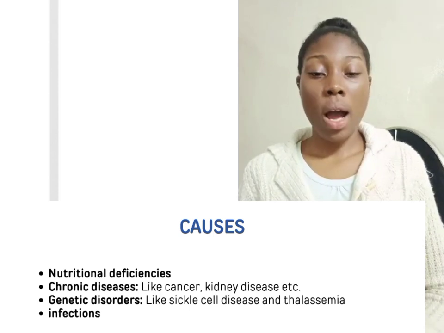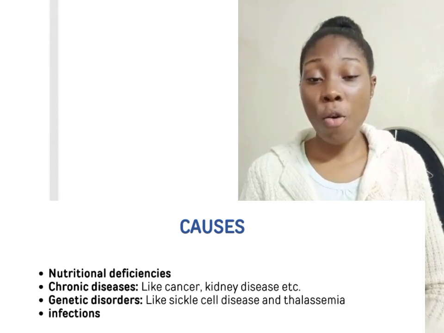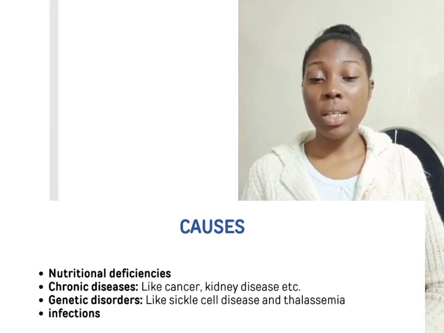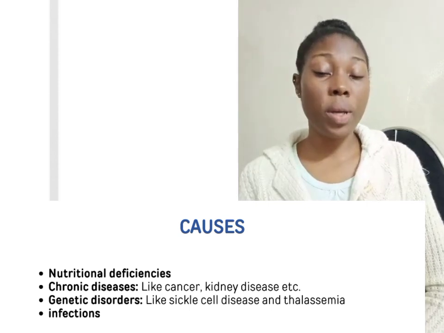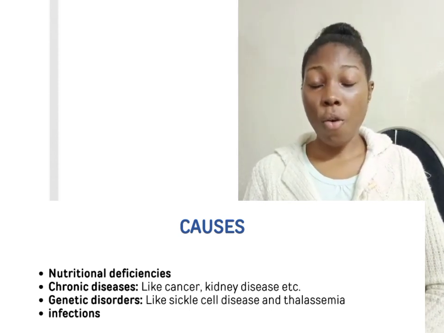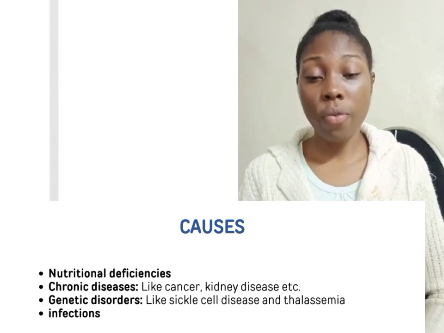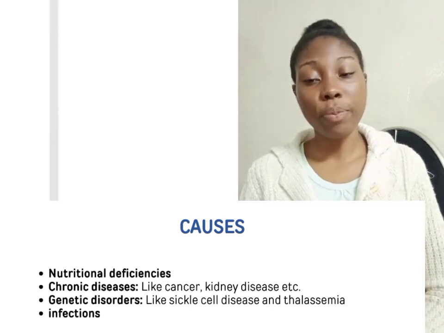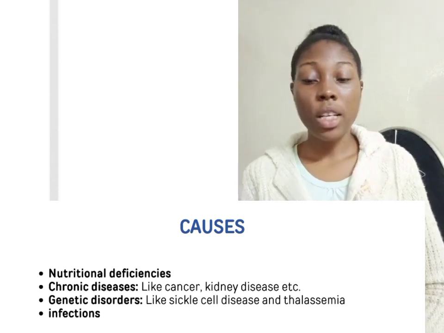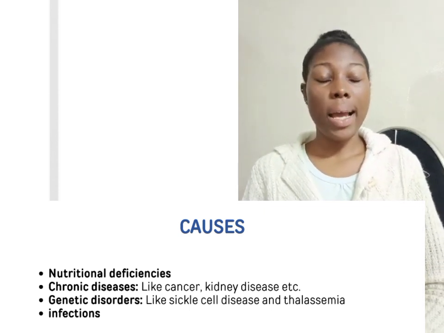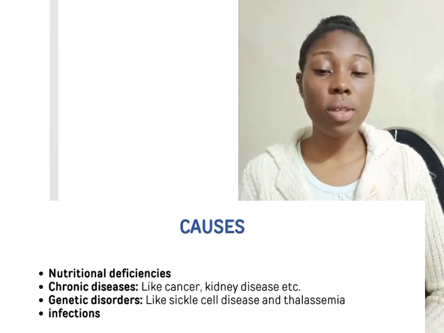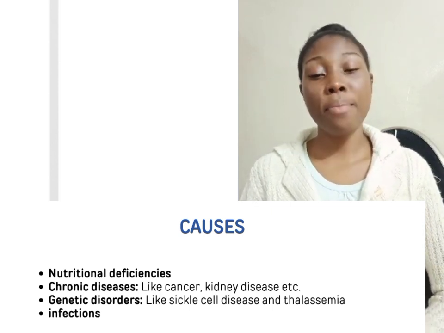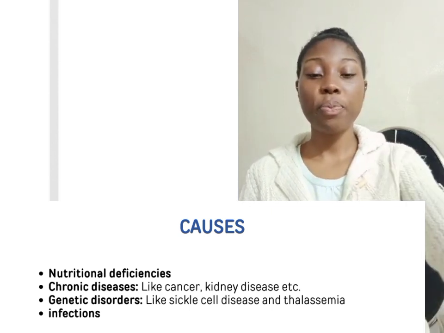It can lead to iron deficiency anemia, from lack of iron intake in the child's diet. It can also lead to pernicious anemia, which is lack of vitamin B12 in the diet of the child.